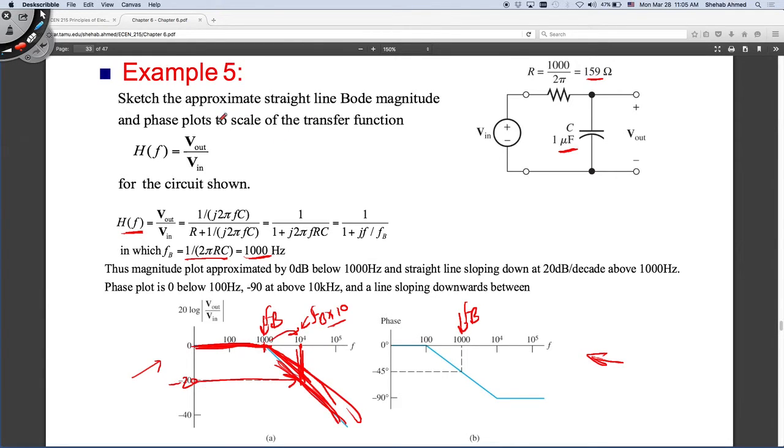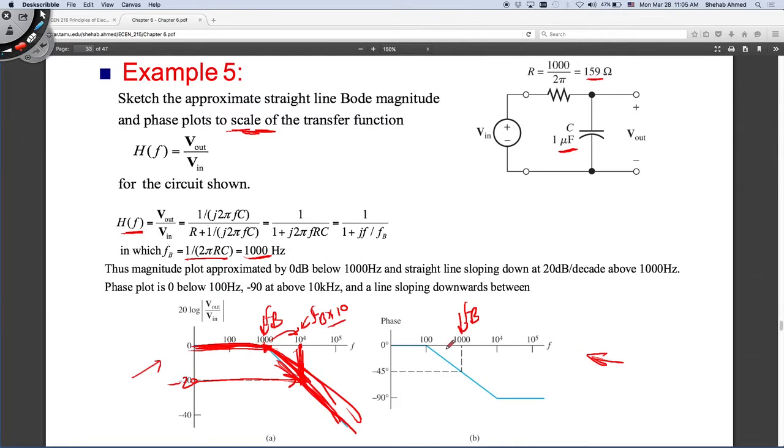They said sketch them to scale, so you should put all the numbers that you know about. You put fb in there, everything until fb is 0, and then beyond fb it's a straight line with a slope of minus 20 dB per decade, and you go one decade later and make sure that the slope is minus 20. That's for the magnitude plot.